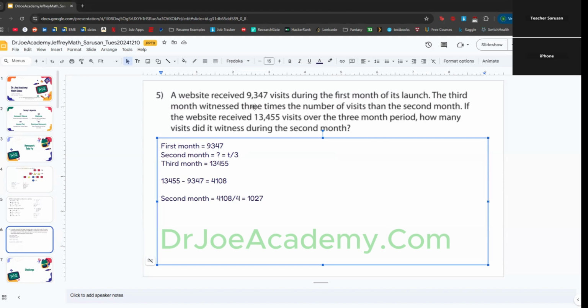If that's the case, then we don't even need the first month information. Received 9,000 during the first month. The third month received 3 times the number of visits than the second month. Oh, this is not the third month, this is over 3 months. Okay. So total of 3 months.